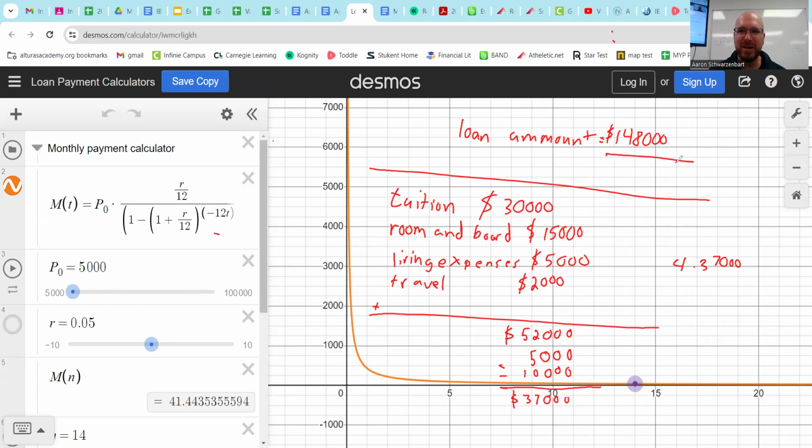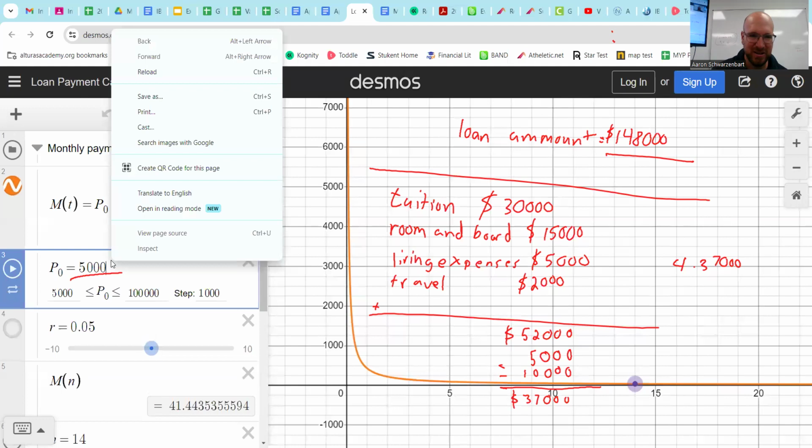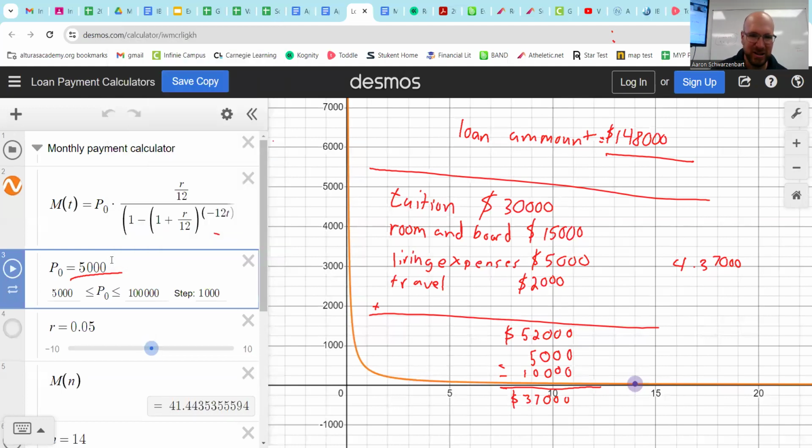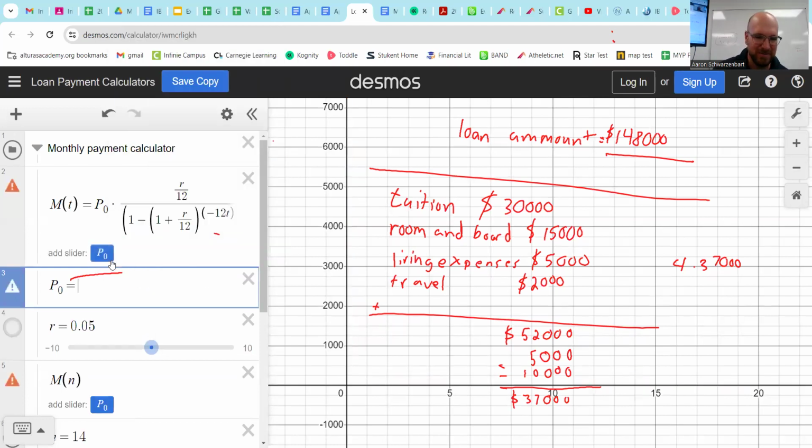So where does this money go in this loan calculator? Who knows where this loan calculator is? You're not going to find it if you just go to Desmos. Go to Google Classroom. There's a link to it. That number goes right here. So I'm going to take 5,000 and replace it with 148,000.